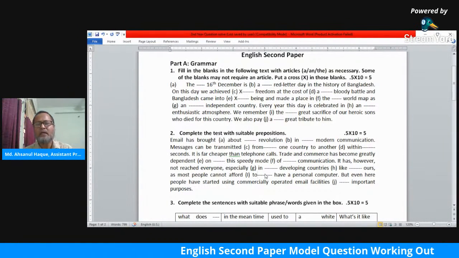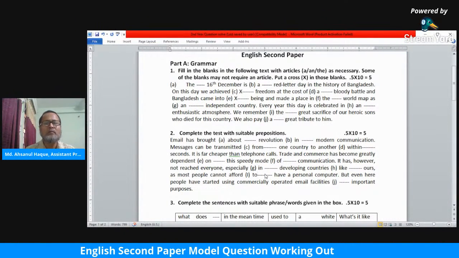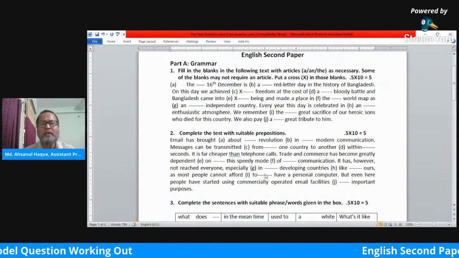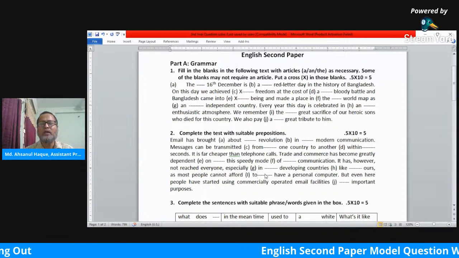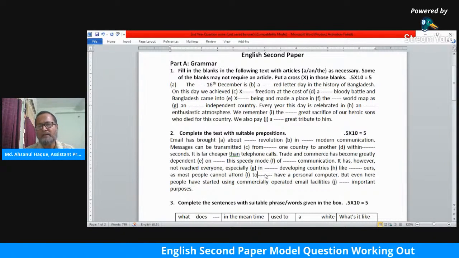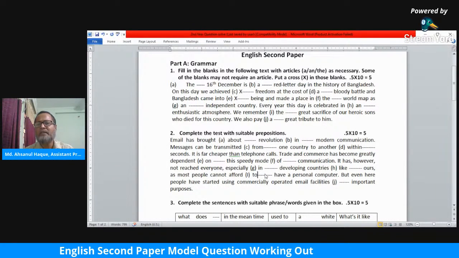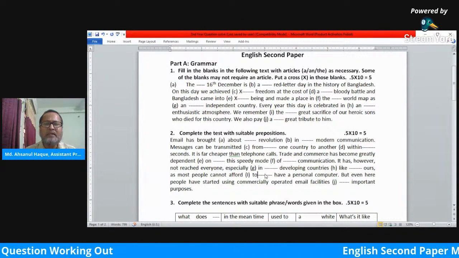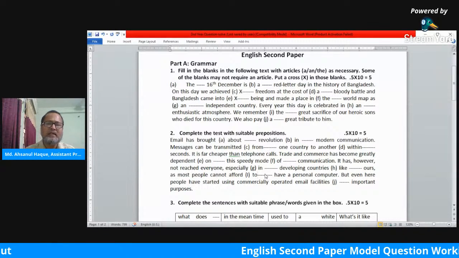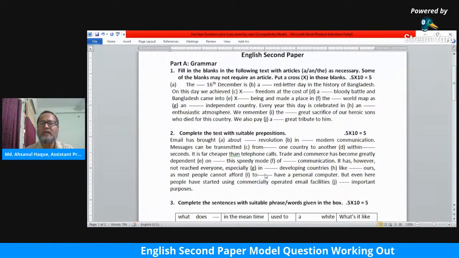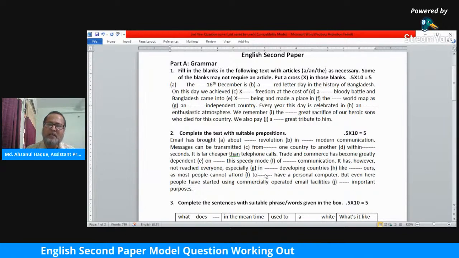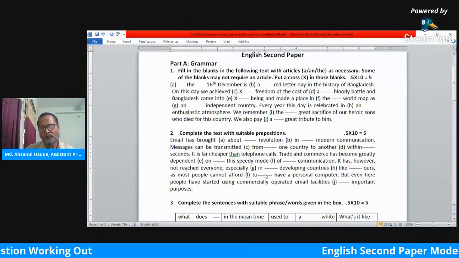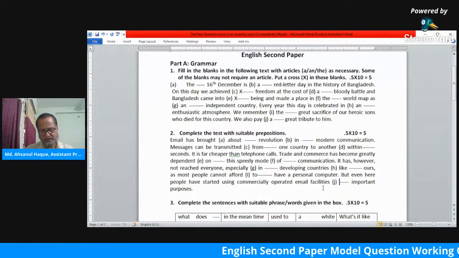Everyone cannot have much money to purchase computers. That is why people cannot afford to have a personal computer. But even here, people have started using commercially operated email facilities for important purposes. Very easy, I think.